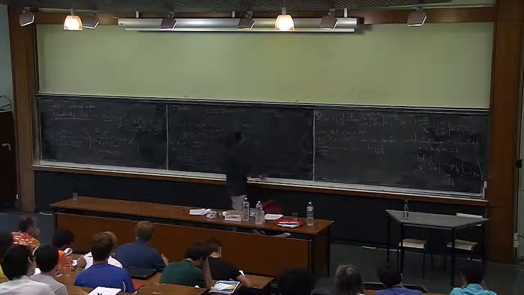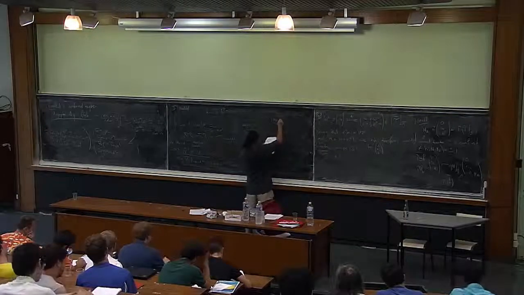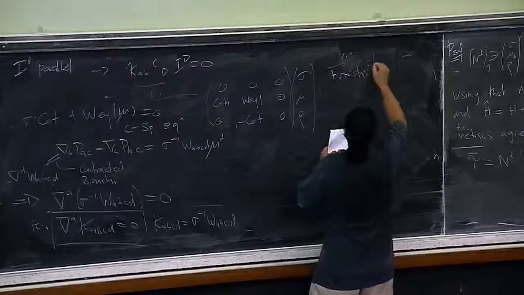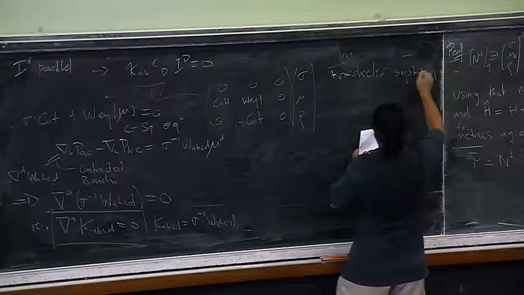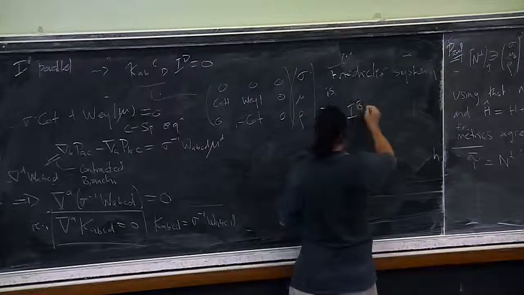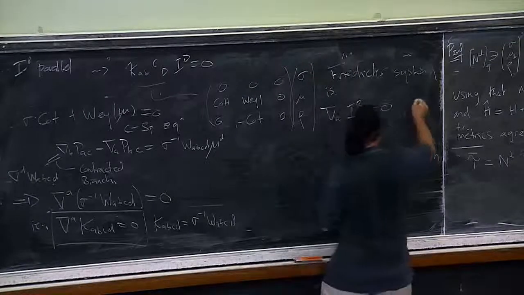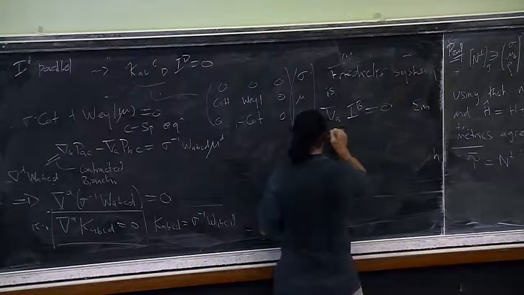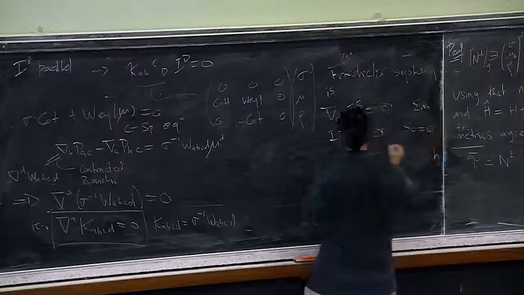So summing up what Friedrich's system is in tractor language, it's first of all saying that you have a parallel tractor, which is this Einstein condition. It's saying that I squared is 0, which is the scalar curvature equals 0.